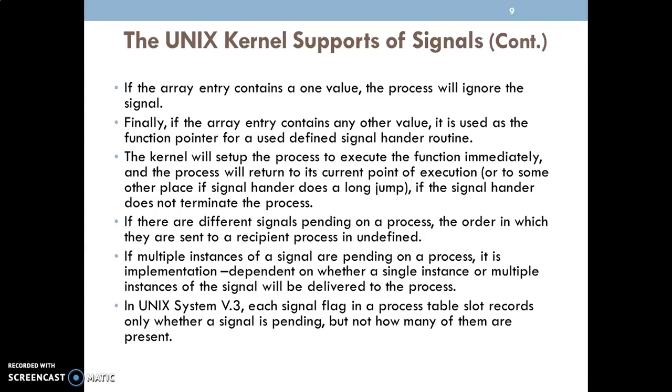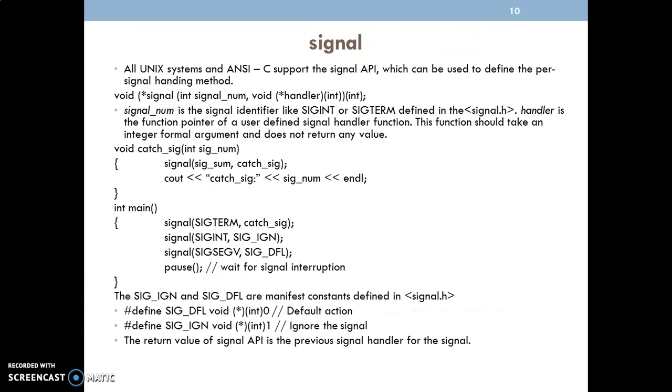So each signal flag in the process table slot records only whether the signal is pending, but not how many of them are present. So we are recording only whether the signal is pending, not how many signals are pending.